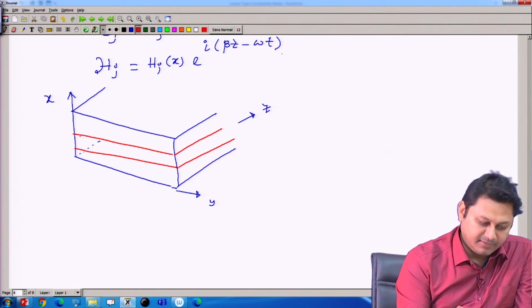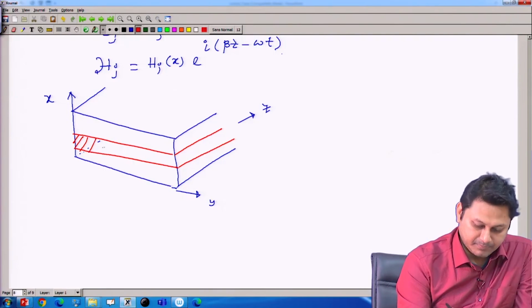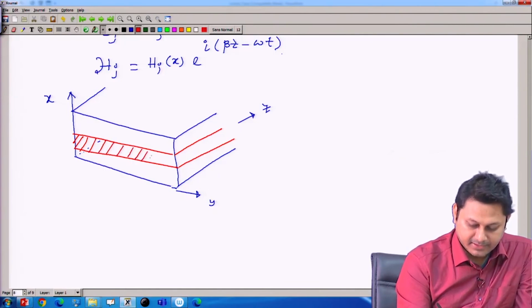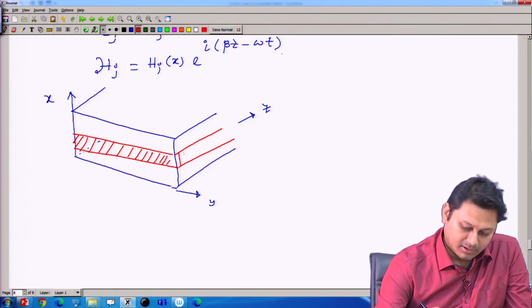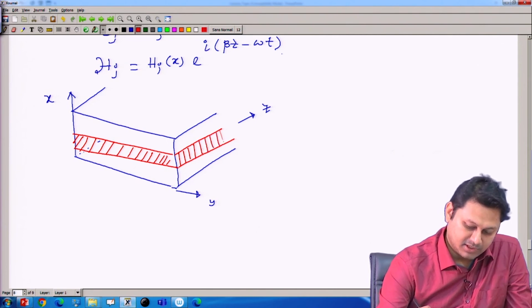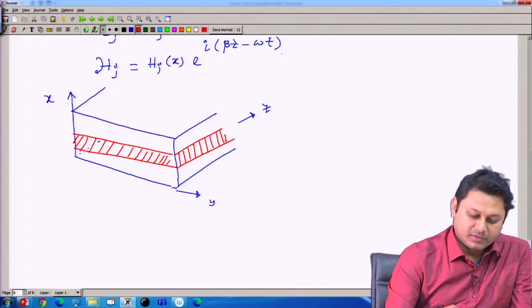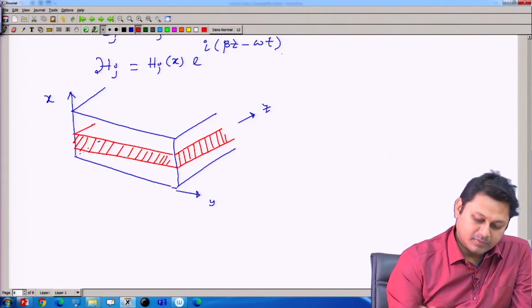Here the refractive index is different. In this regime I have refractive index say n1 and in the other part it is n2. So, at this regime there is a change of refractive index like this.